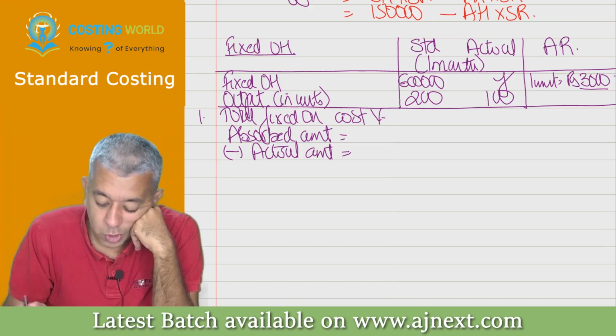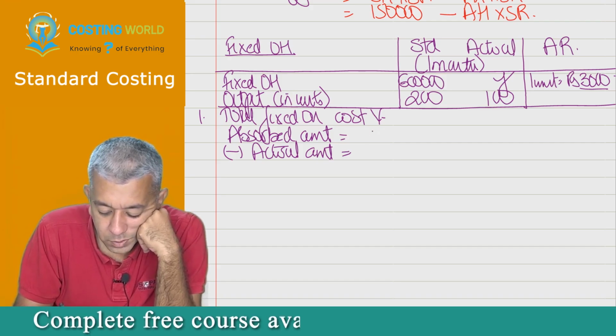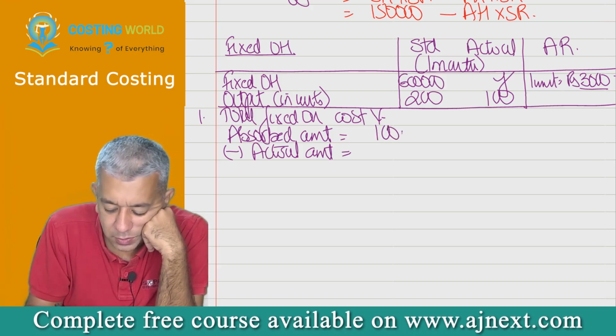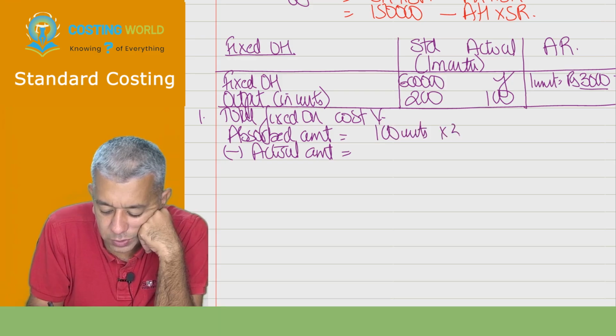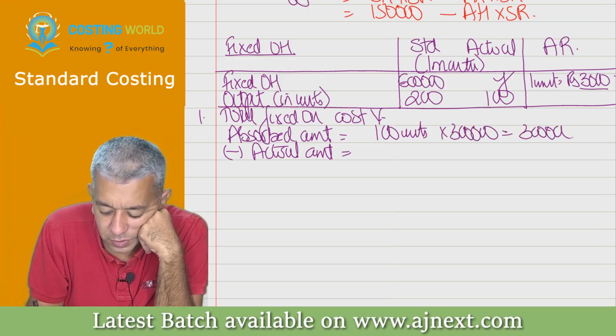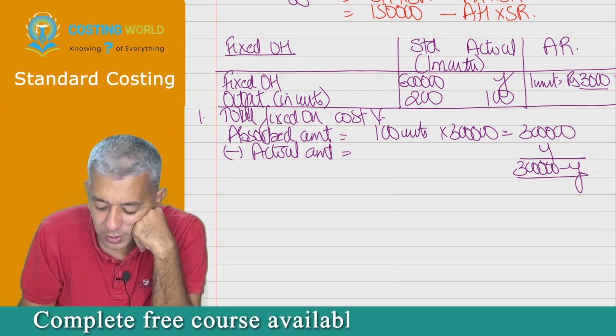Okay, tell me absorbed amount will be what into what? 3,000 into 100. I'll write down just 100 units into 3,000. So therefore this figure will be 3 lakhs. Actual amount I'm taking as Y. This is 3 lakhs minus Y. There's nothing more I can do here. Second.